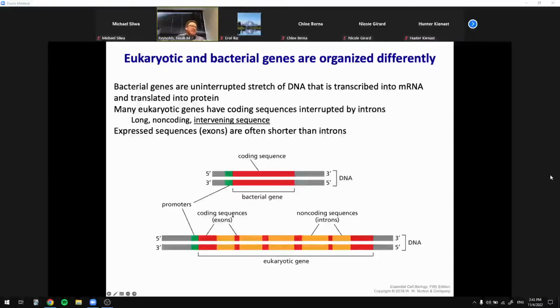And so one thing this does, having all these introns, and we're not going to talk right now about how these are spliced out, which is something you should know, but I won't ask it on the short answer. When these are spliced out, every intron doesn't have to be spliced out the same way.